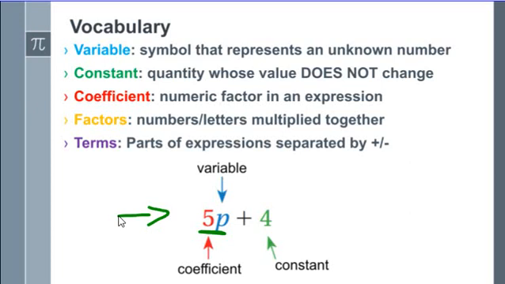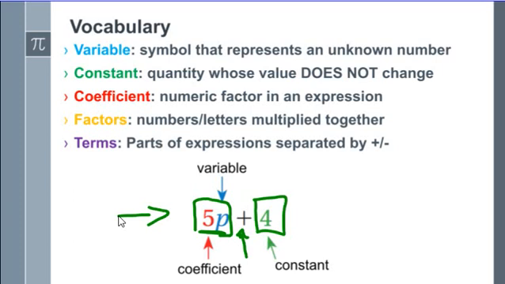And then terms. Terms are parts of an expression separated by plus or minus signs. So in this case, I have one term here and I have another term here. And I know I have two terms because I have an addition sign in the middle that's separating them.